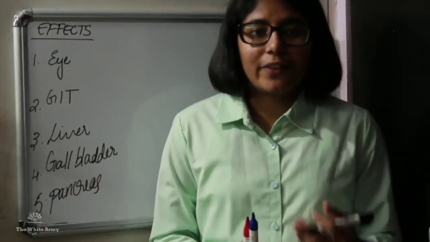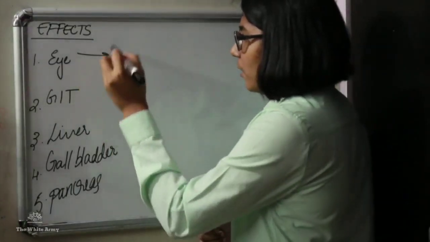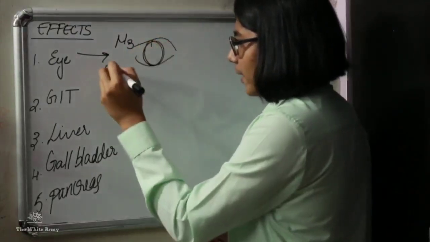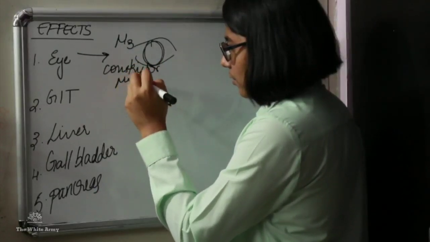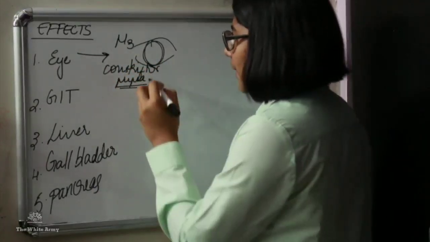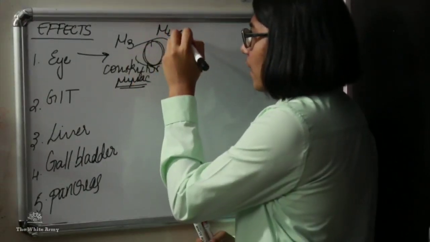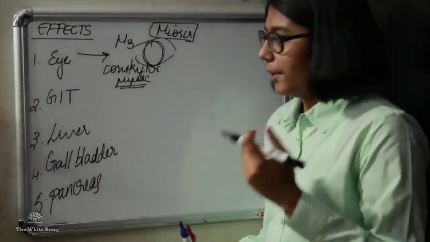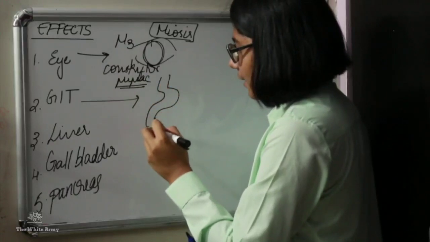So coming to the effects of the parasympathetic nervous system, one is on the eye. So we have M3 receptors which are present on the constrictor pupillae. When the parasympathetic nervous system acts on this muscle, it results in constriction of the pupil or what is called as miosis, allowing less light to enter into the eye. Next is on the GIT, which is the stomach and the intestines.